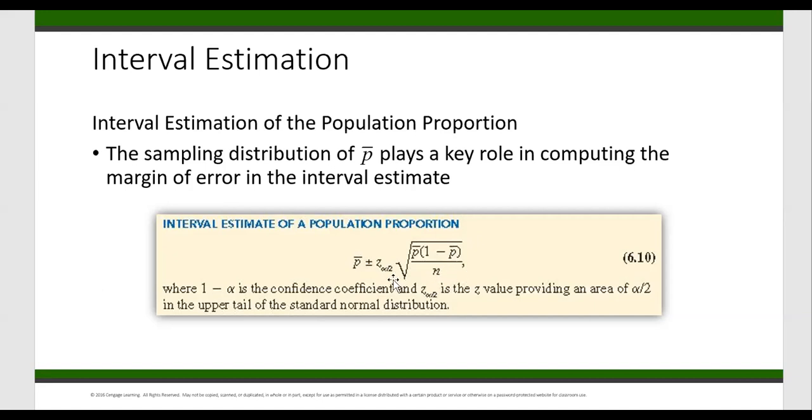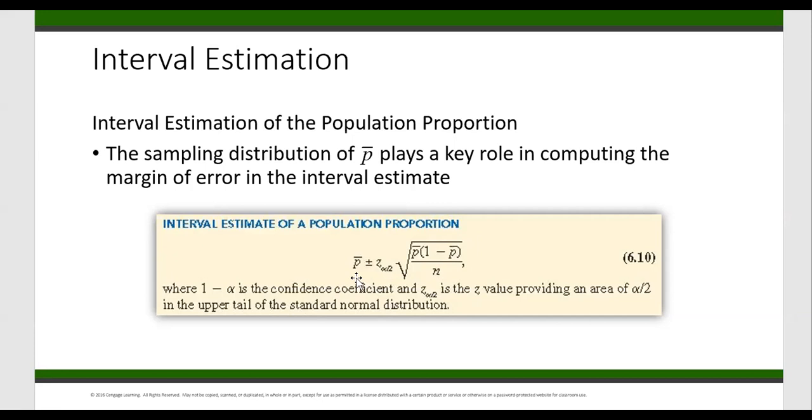And then again, alpha is the level of significance, the chance that the interval that you're generating does not contain the population proportion of P, all right? Okay, so this is the formula.